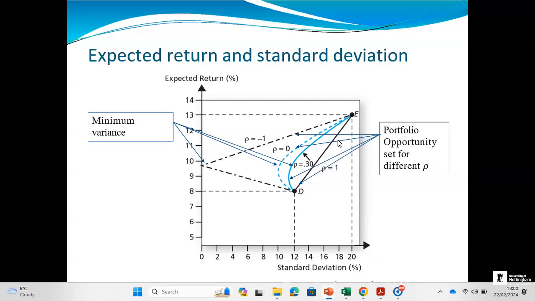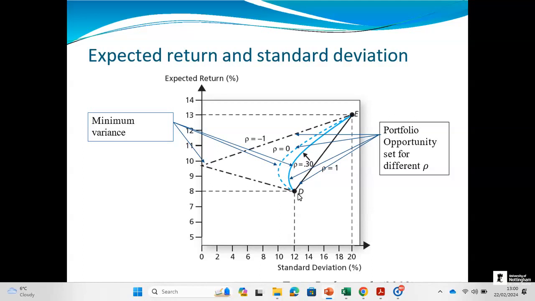But given that the correlation between these two is 1, there is no benefit of diversification.